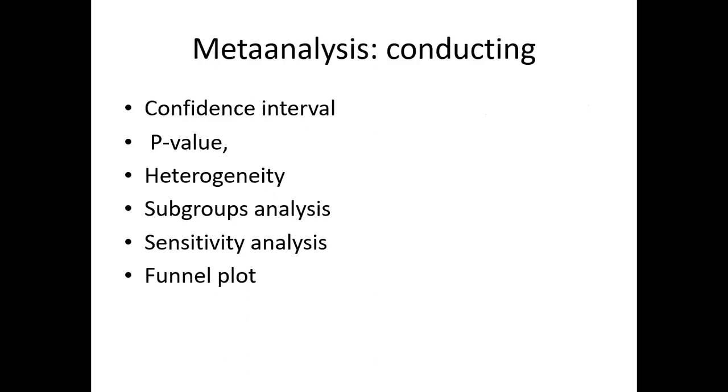And when there's heterogeneity, if you want, you may find the cause of that heterogeneity by doing subgroup analysis. Then if you want to know the strength of the conclusion of your evidence, you can do sensitivity analysis. Funnel plots are another way of knowing if there is reporting bias.